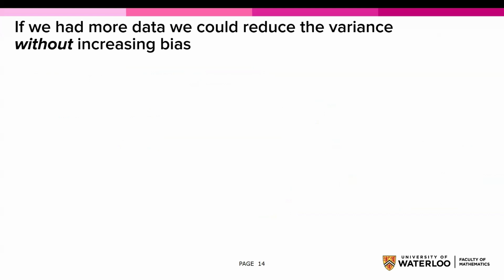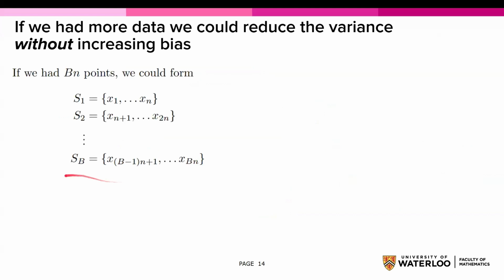I mentioned in the introduction that ensembles are a collection of models. So let's explore what could happen if we actually had enough data to make several estimators of the mean. In that case, we could construct several groups, let's say B groups of data. Each group, S1, S2, all the way up to SB, would contain n data points.